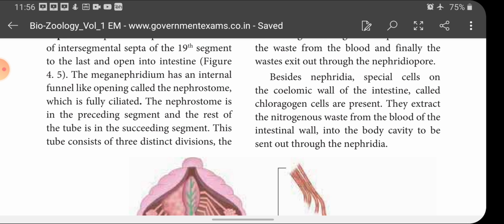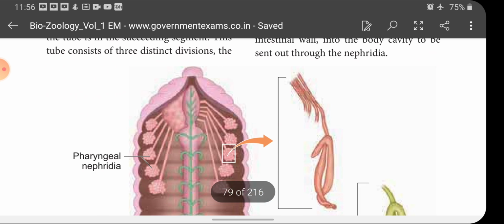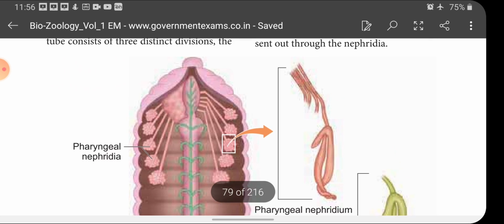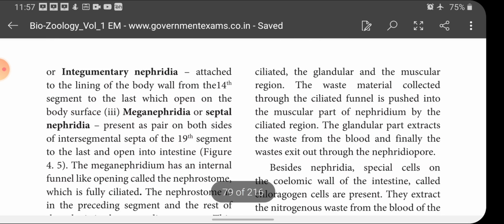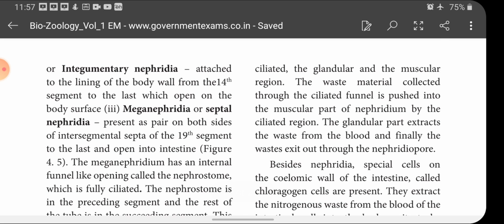This tube consists of 3 distinct divisions. Children, please refer to the diagram for the structure. This tube consists of 3 divisions called the ciliated, the glandular and the muscular region.